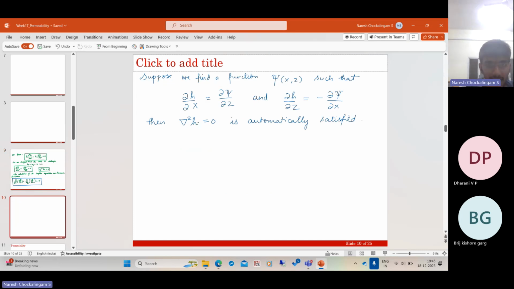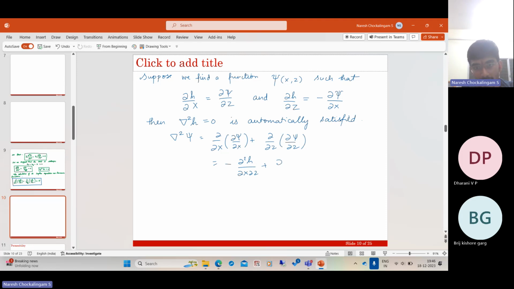Not only that, you also look at dou square psi. What is dou square psi? It is dou by dou x of dou psi by dou x plus dou by dou z of dou psi by dou z. Dou psi by dou x is minus dou h by dou z, so it is minus dou square h by dou x dou z. And dou psi by dou z is dou h by dou x, so it is dou square h by dou x dou z.